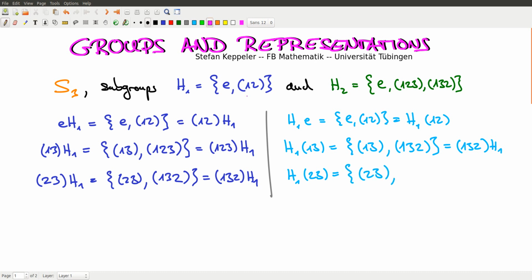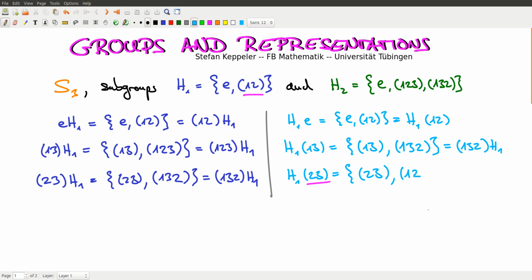And now we have to multiply (1 2) with (2 3). And we get 1 is mapped to 2, and 2 is mapped onto 3. 3 is mapped to 2. Was that right? No, 1 is mapped to 2.